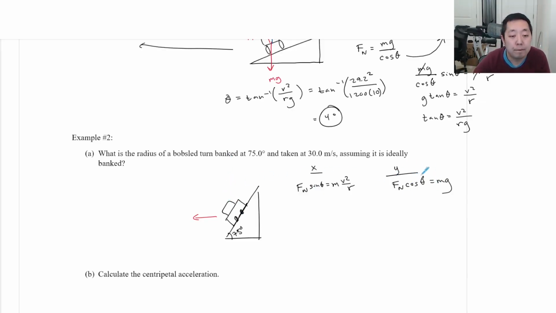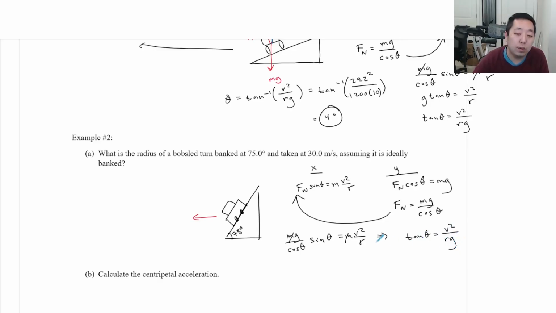Rearranging, Fn is equal to mg over cosine theta. Plugging that in, it's the exact same process we just did. The m's cancel, and if you rearrange that, you should get tangent of theta is equal to v squared over rg.